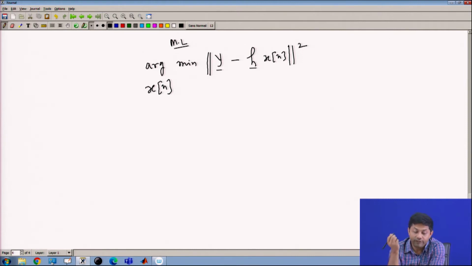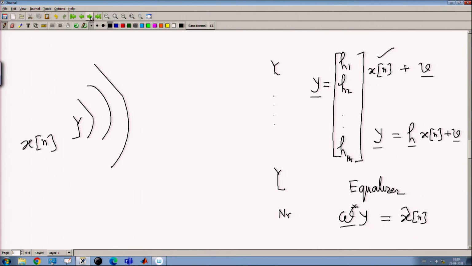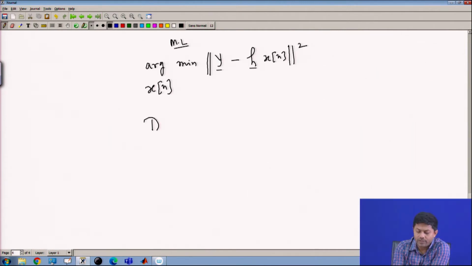If it is not ML, if it is some other way of detecting like equalizer based detection, you can create an equalizer W. How do you design the W? You can design W based on several criteria.